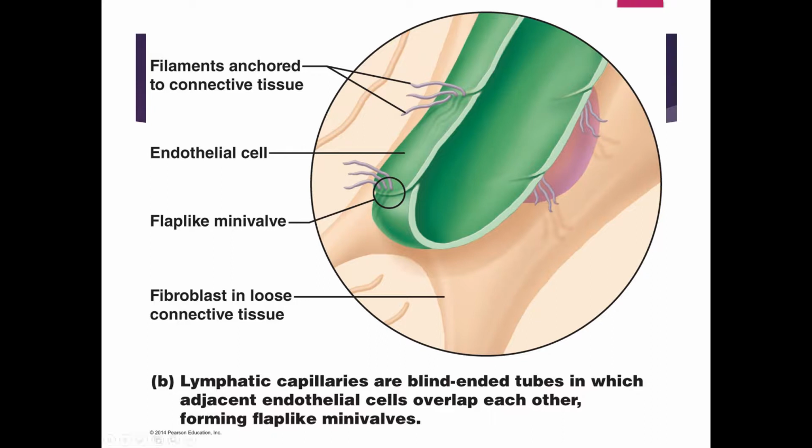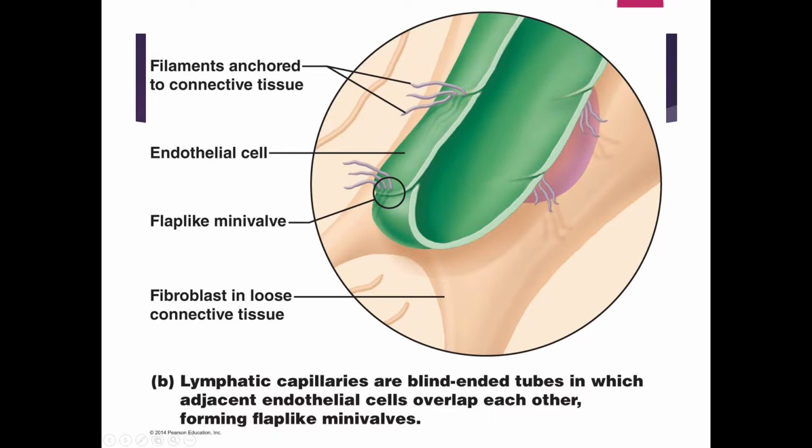This picture shows what a lymph capillary really looks like. You can see that the endothelium overlaps itself, producing these little mini valves, and then we have these little filaments that hold it in place. But what happens is that the fluid is going to push on the cell right here, and fluid will come in, but then as the fluid falls backwards, it shuts the valve so that there isn't any backflow of lymph out of the end of the capillary.